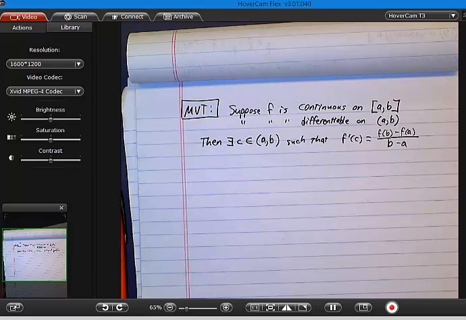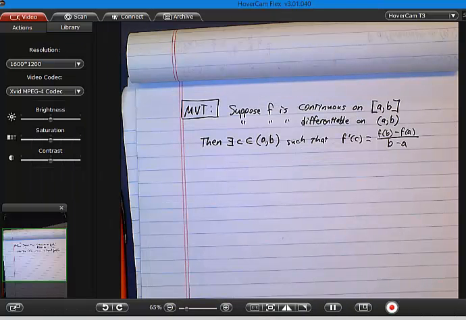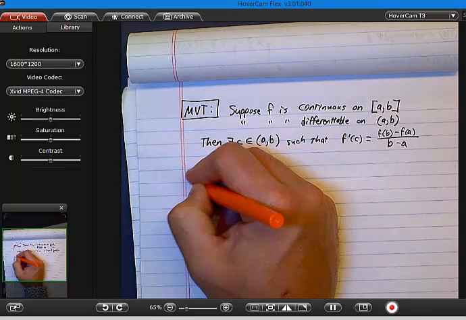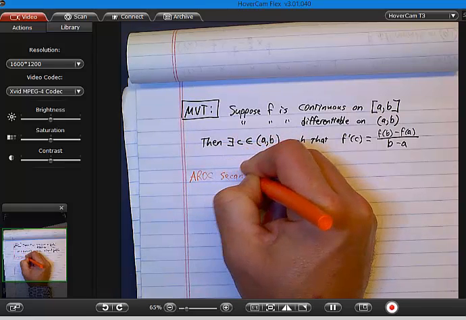All right. So I said I'm going to apply Rolle's theorem to the difference of what? Of the function and the AROC secant line. Okay. So here's what I'm going to do. I'm going to start out by thinking about what the heck is the AROC secant line.